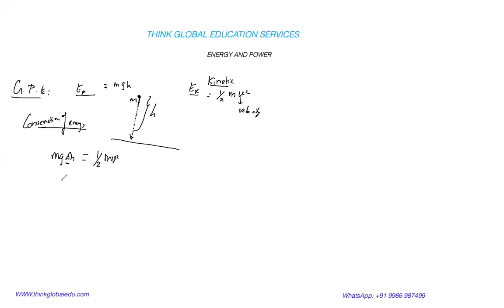Now here, you can rewrite this equation to derive the velocity of the object which is falling, which is equal to the square root of 2 m. Now here m and m will get cancelled, so we will not get m, so 2g. Right. So what does it represent? It says that whenever an object is falling, it does not matter what the mass of the object is. Now this condition is only true when we ignore air resistance and friction.